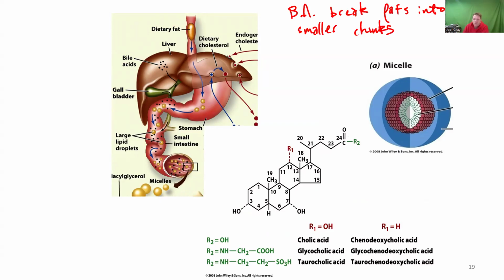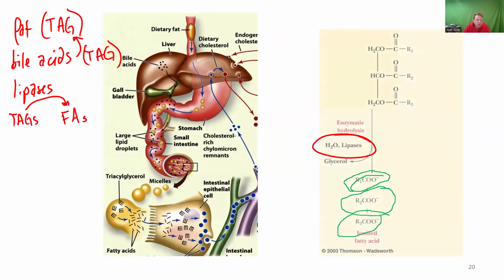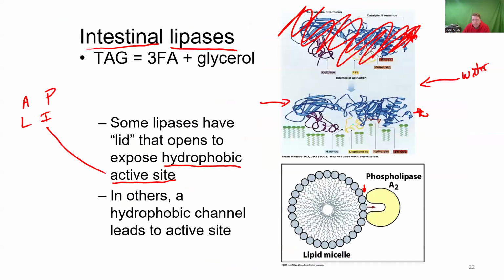These things cluster together really well because of the hydrophobic effect. Hydrophobic things love clustering with other hydrophobic things. To disrupt this sort of molecule is a little bit tough. That's where the bile acids come in. They help break those down, and intestinal lipases are going to be responsible for removing individual components so that we can process those triacylglycerols down into individual fatty acids.